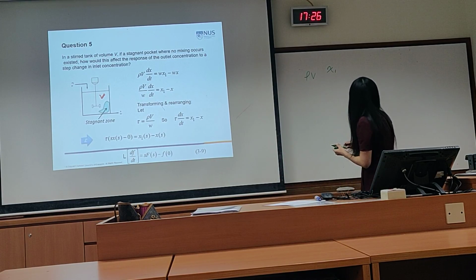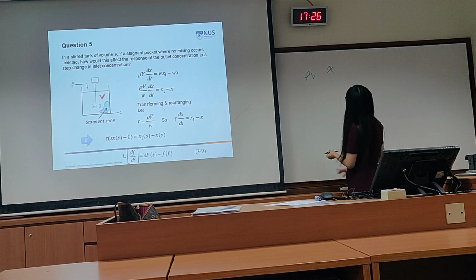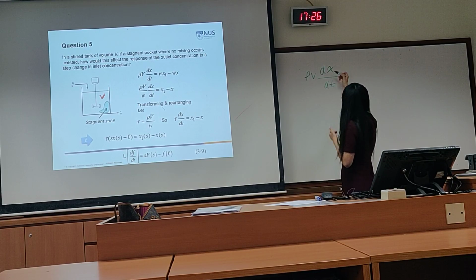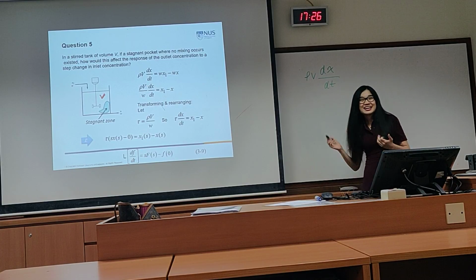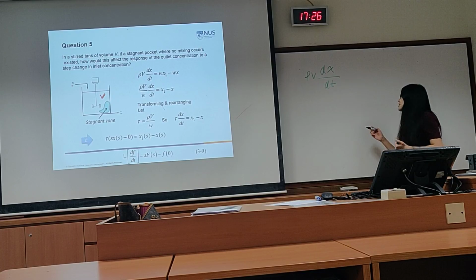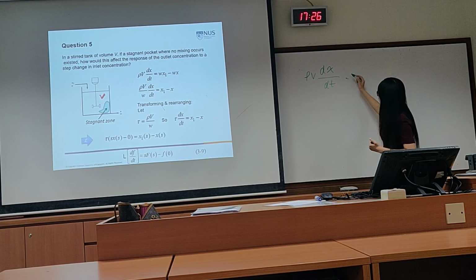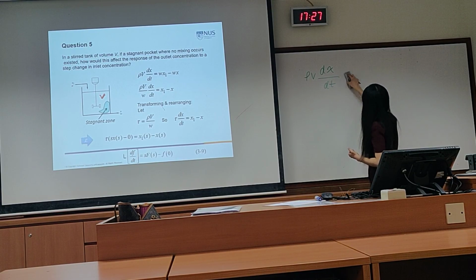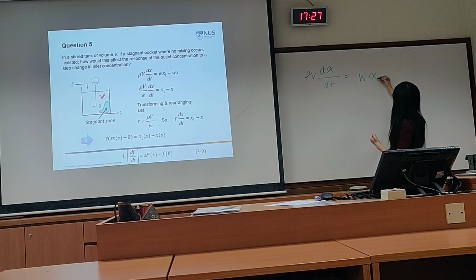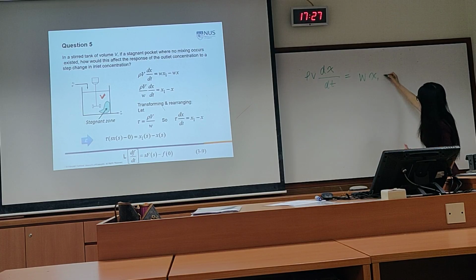So we have the accumulation to be d(rho V X) over dt as well. So this X is my real-time concentration in the system. It's also the outlet concentration. So this dynamic will be equal to the inflow component, the flow rate is W, and the mass fraction is X1, minus WX.